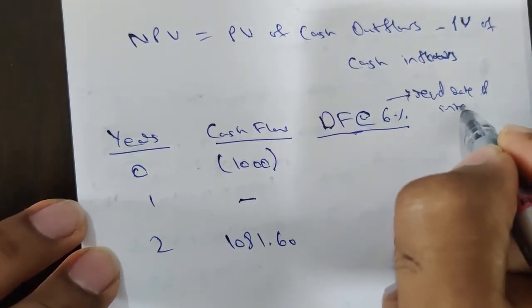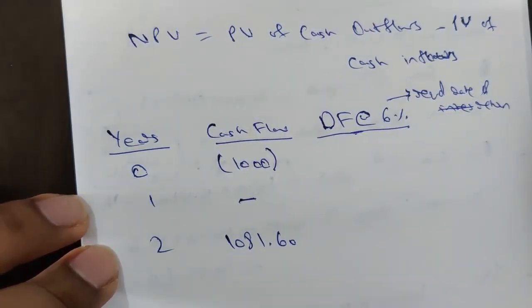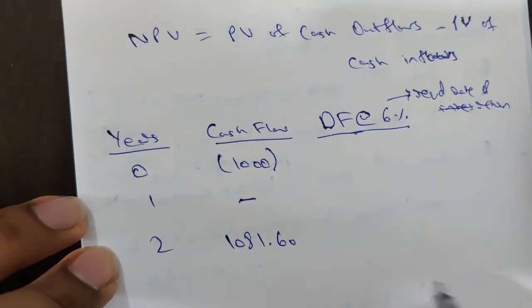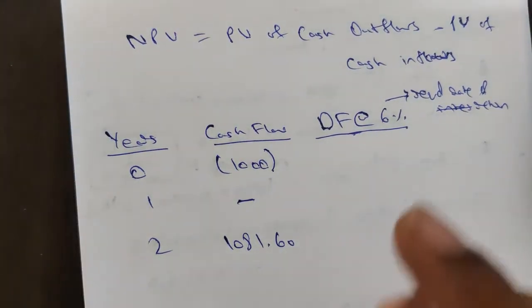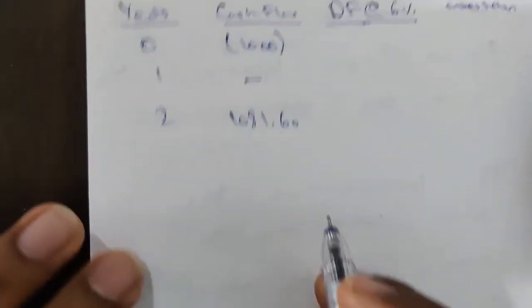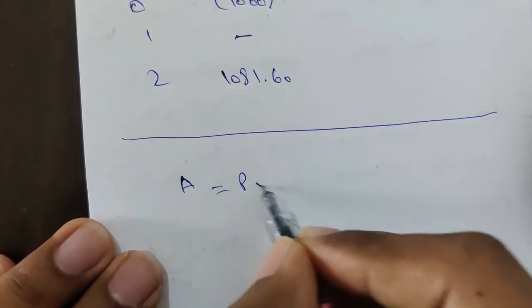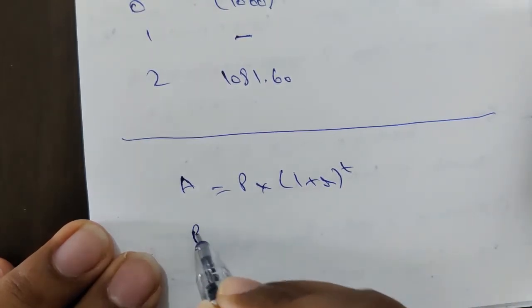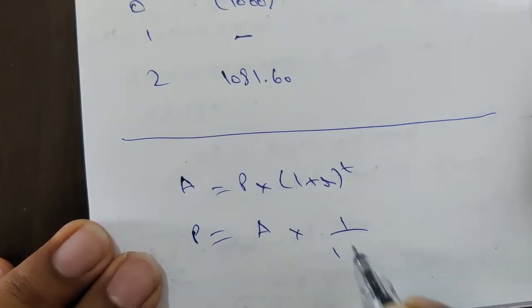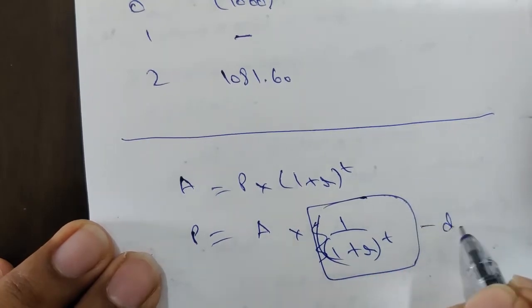See, if your required rate of return matches your rate of return on an investment, then your NPV is the amount invested. But here, since both are different, how to calculate the discounting factor? Just to remind you, amount was P into 1 plus R to the power T. So P becomes A into 1 by (1 plus R) to the power T. This becomes your discounting factor.